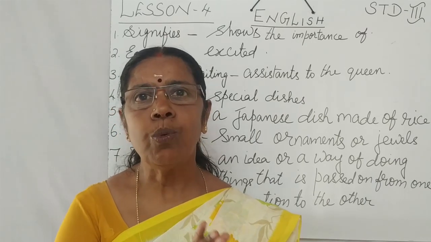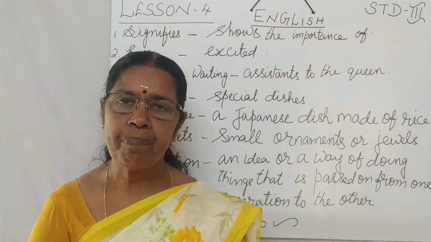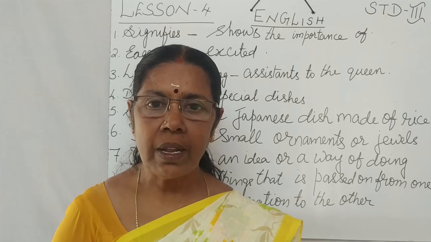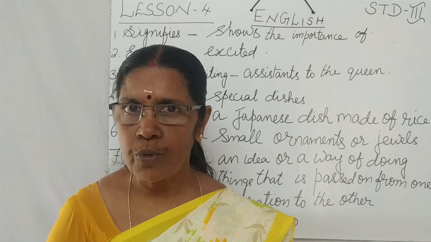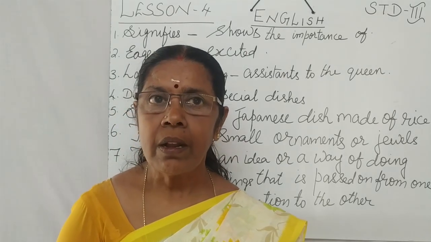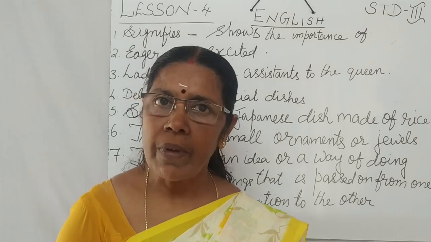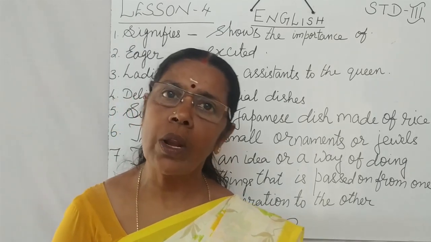Hope you understood the lesson, and I would like to say that you have to read the lesson 3 times. Understand? Children, read the textbook every now and then. Otherwise, it will be very difficult for you to understand the story or even the lesson. Now, you have to underline the red words given in the textbook and see the meanings.